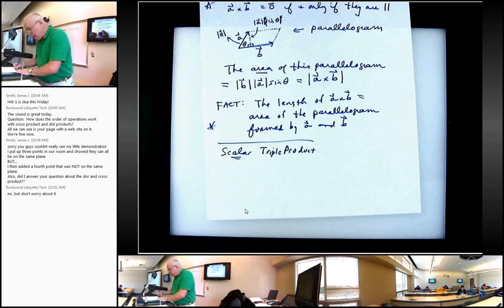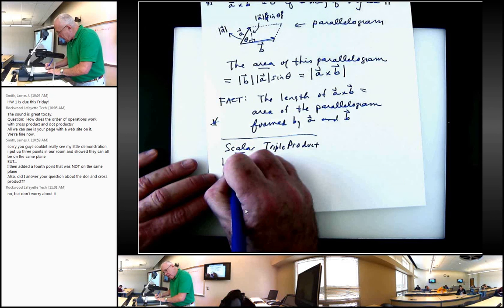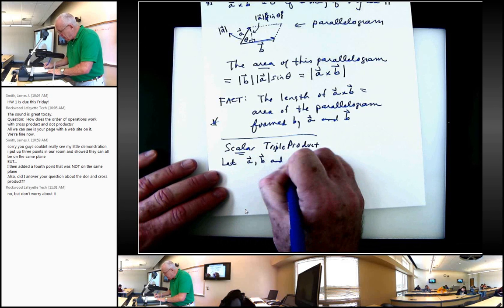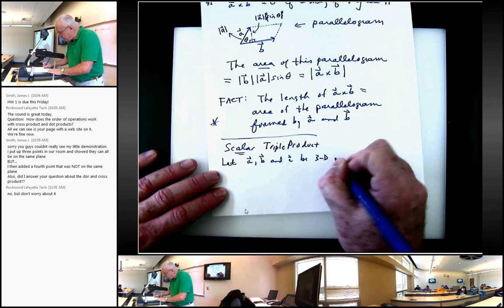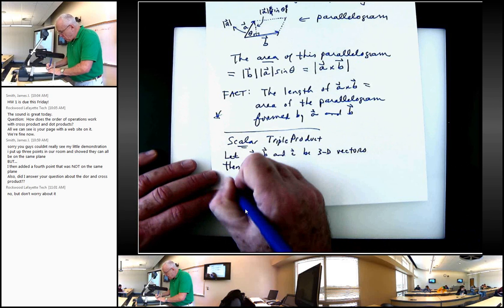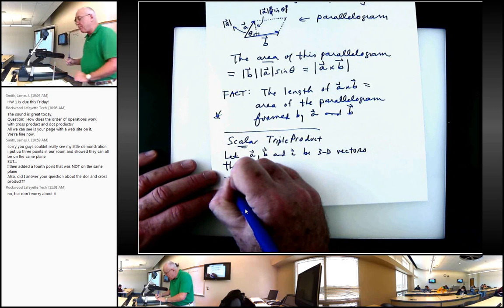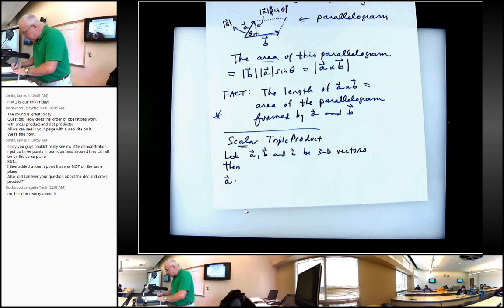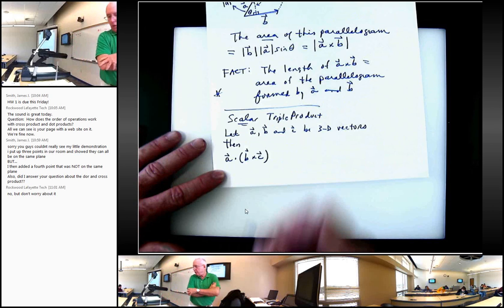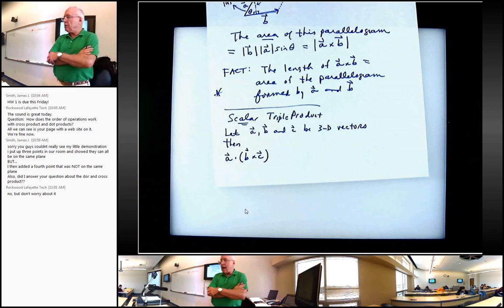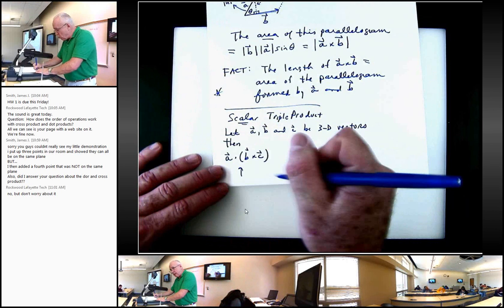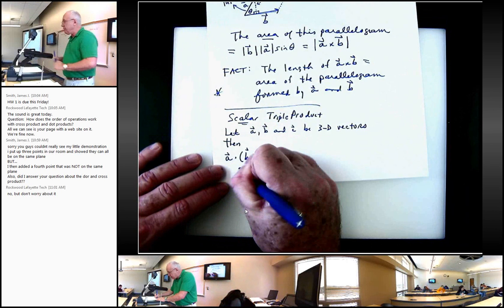So let A, B, and C be 3-dimensional vectors. Then we take A and we dot product it with the cross product of B and C. So we take A dot B cross C. Because it's a dot product, we're going to end up with a scalar, a number.